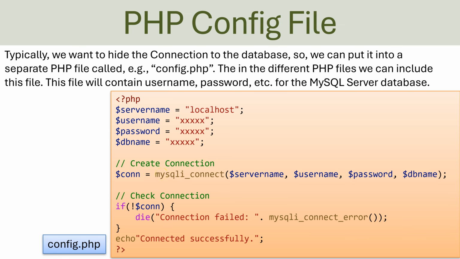And since we are going to create multiple PHP files, we are going to create one for inserting data, one for reading data or retrieving data, one for updating data, and one for deleting data.